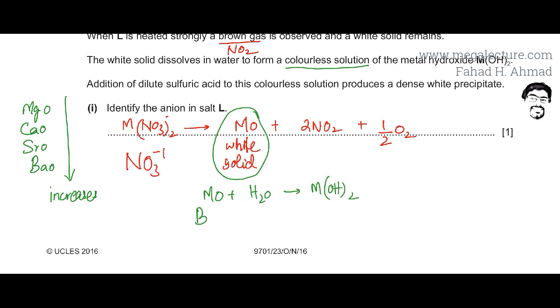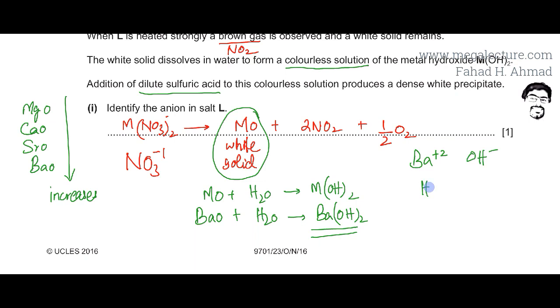So if this is barium oxide and it reacts with water to produce Ba(OH)2, then for barium ions, the test is that you add sulfuric acid. If you add sulfuric acid, a white precipitate forms. Since Ba(OH)2 is aqueous, it's going to dissociate in the aqueous state.